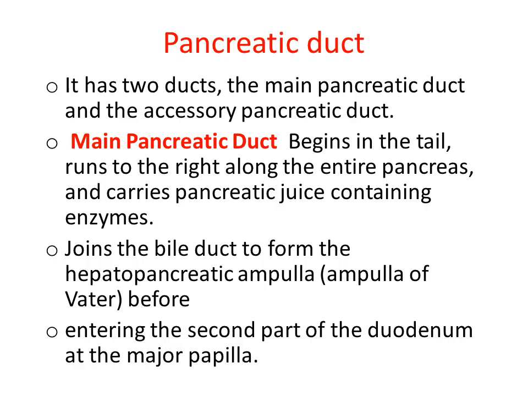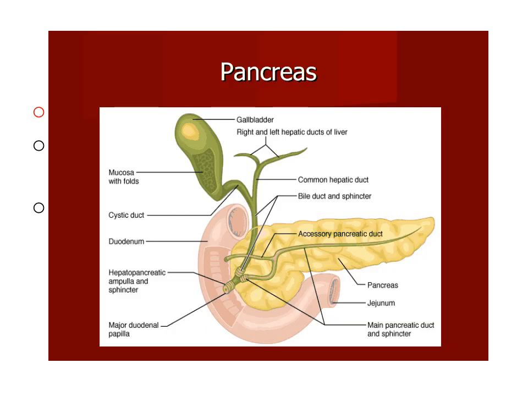It enters the second part of the duodenum, as I said, at the major duodenal papilla, the main pancreatic duct. Here you can see the accessory and main pancreatic ducts. We have the pancreas, duodenum, first part, second part, third part, and the major duodenal papilla, very clear, and the hepatopancreatic ampulla and its sphincter, and there is the common hepatic duct, common bile duct, and also the beginning of the jejunum.